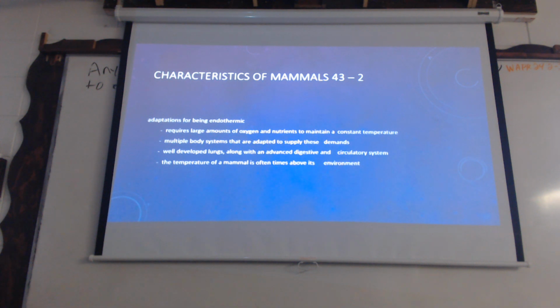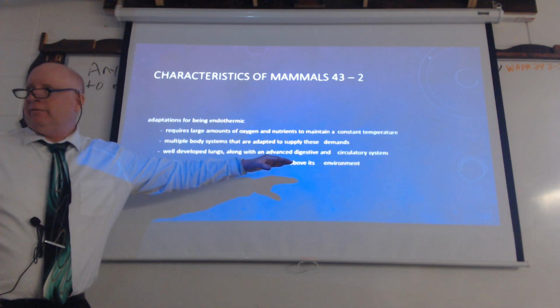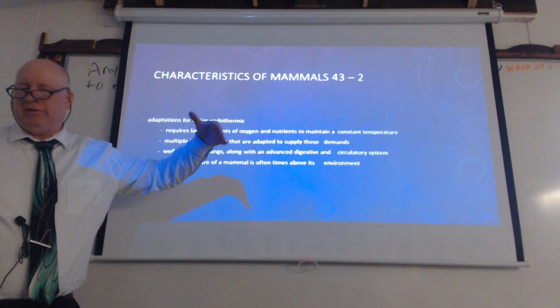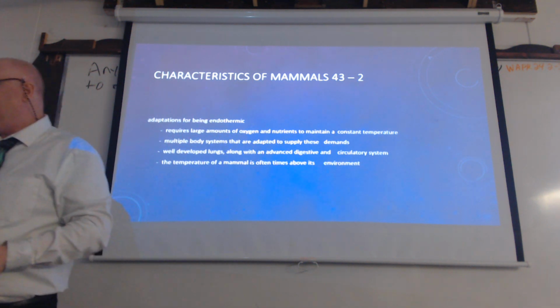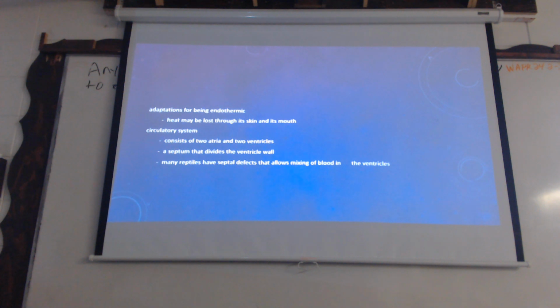Probably 40, 45 is your body temperature, 40 or 45? I hope not. Should be about 50 degrees warmer than that. So that's what we mean. Oftentimes, the temperature is way above its environment. Of course, then it's just the opposite if it's in an extremely hot environment, like in a jungle and other aspects where it needs to dissipate that heat.